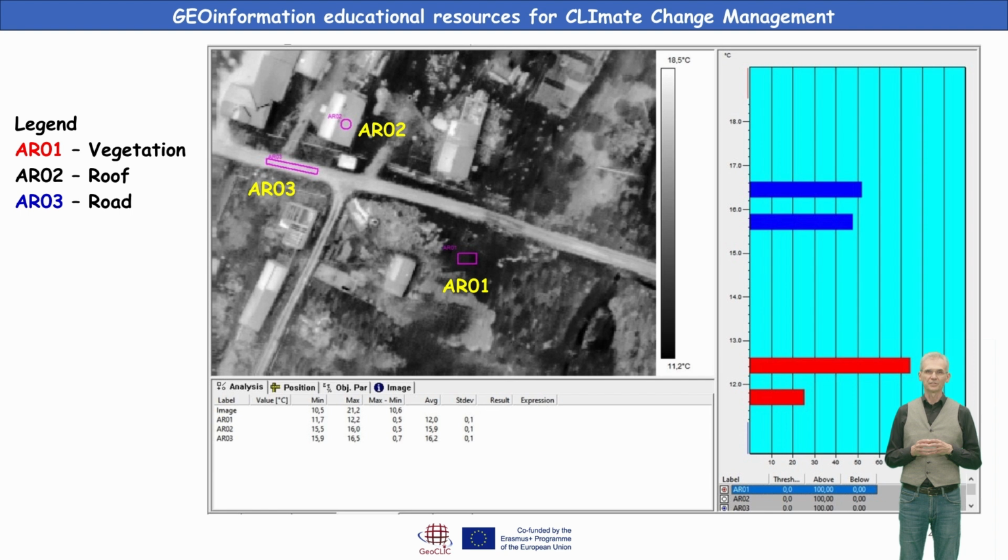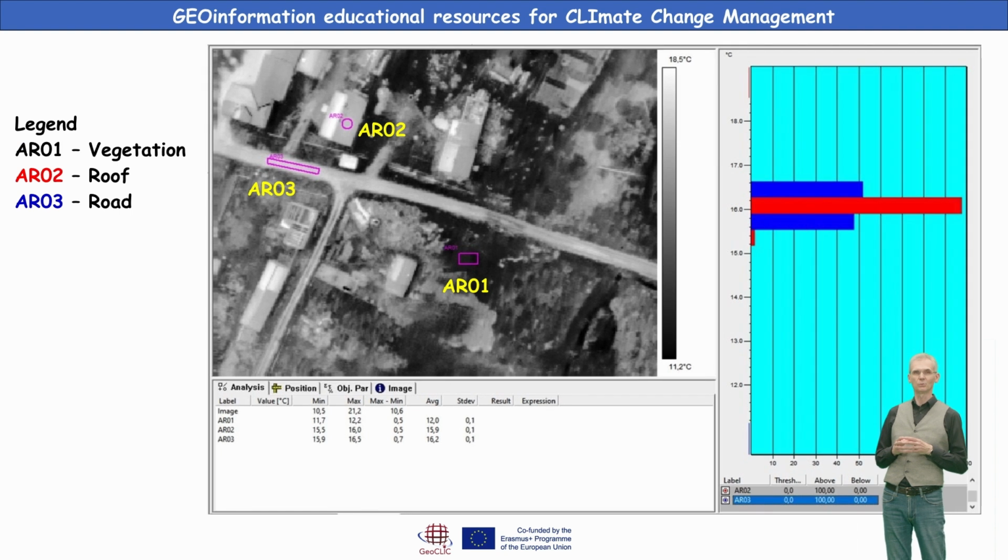A sample of vegetation is determined and its histogram is plotted to show its position in the temperature range of the image, IR1. The temperature range is on the x-axis and the number of pixels of a certain temperature is on the y-axis.